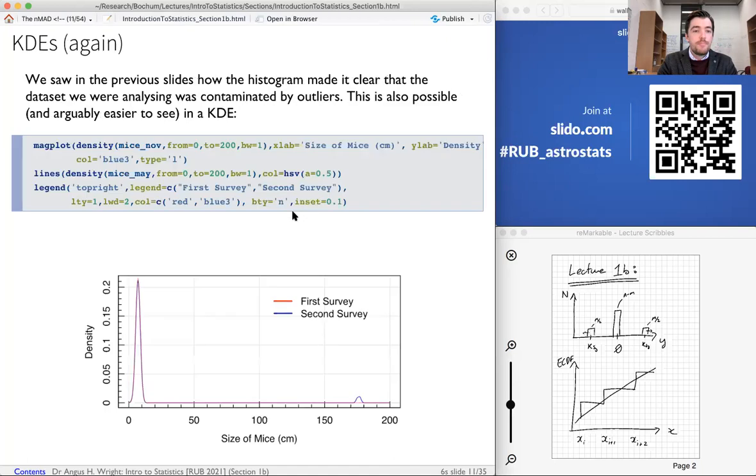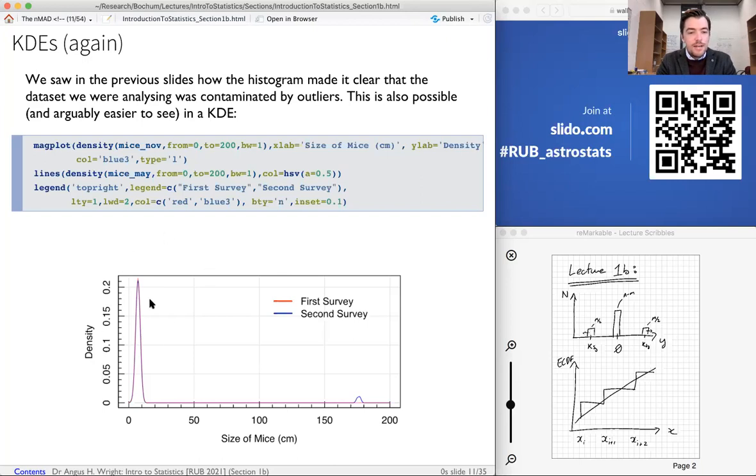Okay. The first thing is the KDE again. And so we've seen in the previous slides, or rather the last week as well, that you can use a KDE, which is sort of a continuous replacement for a histogram, a continuous version of a histogram. So again, we can basically take the histogram that we just made from the previous slide, and we can compute the KDE of that particular histogram.